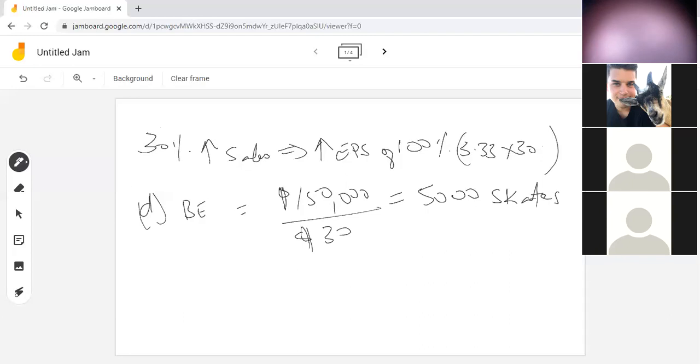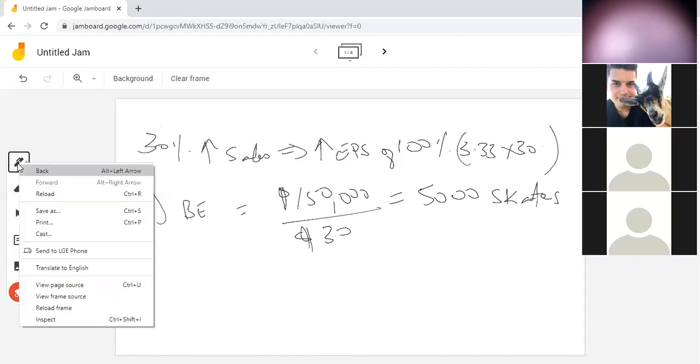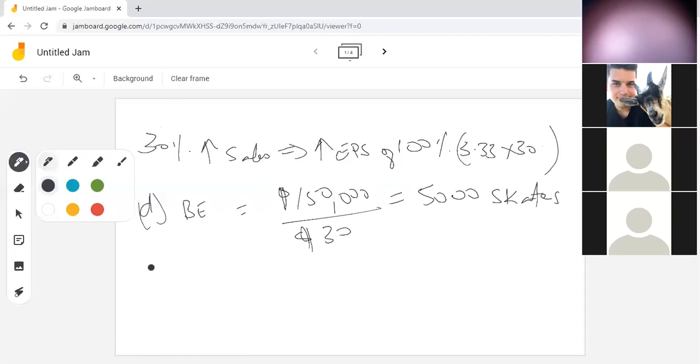And then for E, again, similar to the previous question that we did, incorporating the interest as part of the fixed cost.